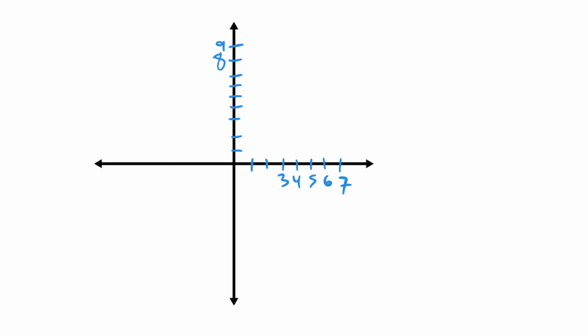So we have 3 and 9, 4 and 8, 5 and 9, 6 and 8, 7 and 9. And then the original graph looks like it extends, so we'll add some arrows. And there's our graph that we have created based on the transformation. This is y equals f(x minus 5) plus 8.